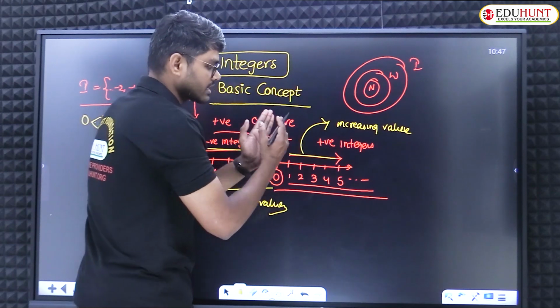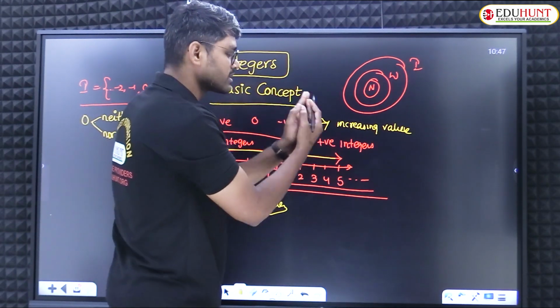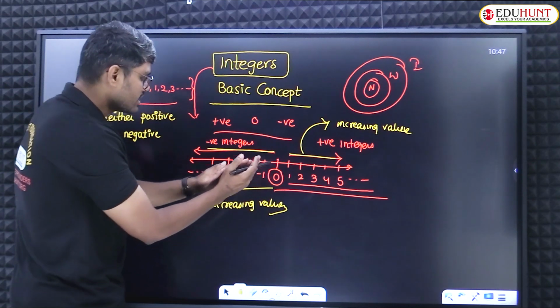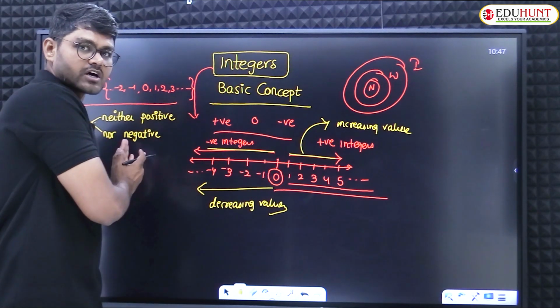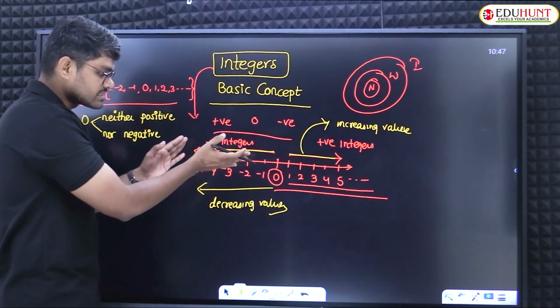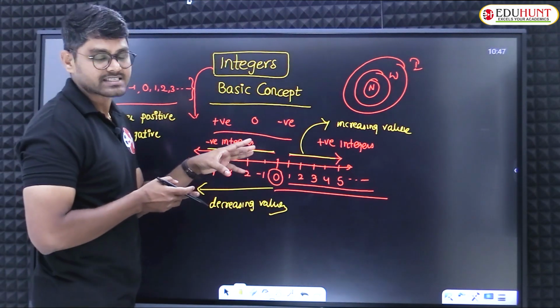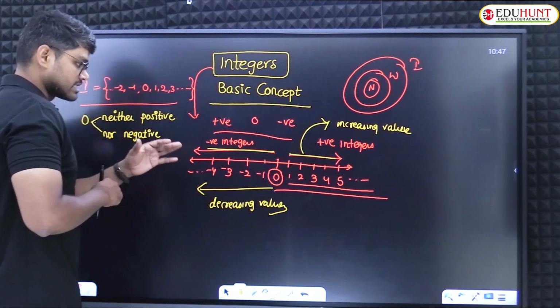From 0 to the right side, numbers are all positive, so that is increasing value. From 0 to the left side, values are all negative, that is decreasing value. That means when we compare the integers, we get to know this concept.